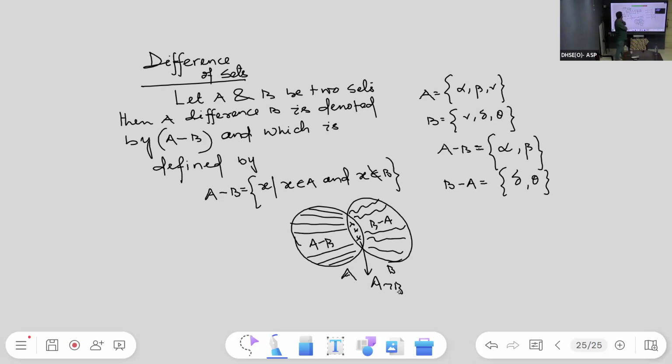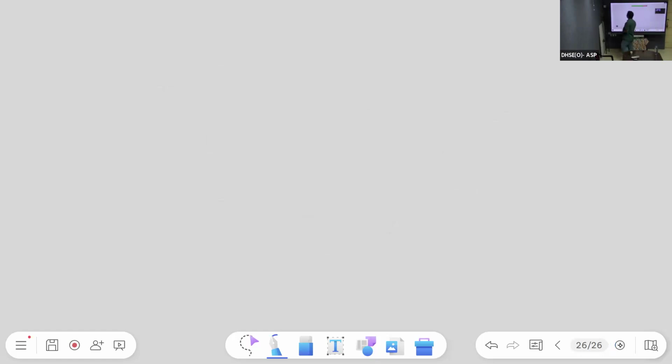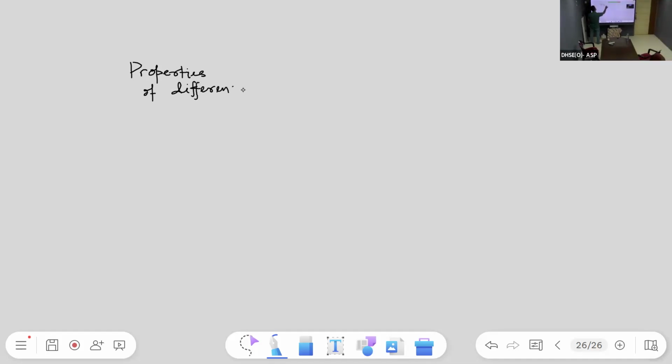Okay, then come to properties of difference. Properties of difference of two sets.